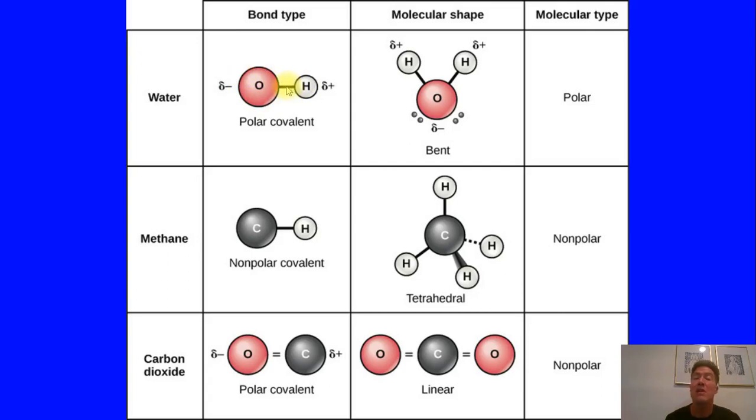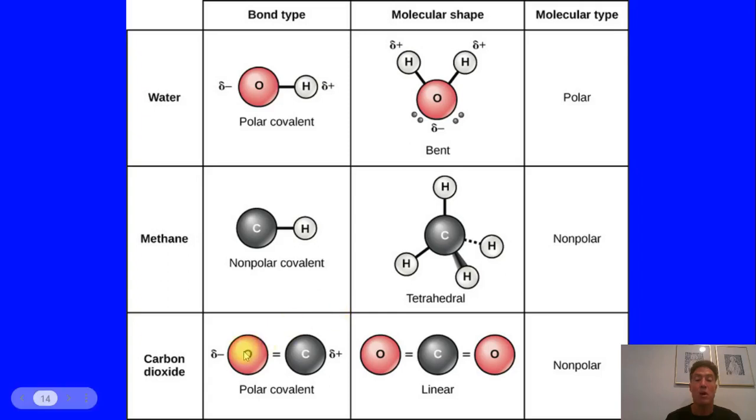They're shared, but they're not shared equally. So they're pulled preferentially towards oxygen, which gives oxygen a slightly negative charge, and it leaves a slightly positive charge on the hydrogen. And that leaves, in this case, a net charge on the molecule. This side of the molecule is slightly negatively charged, and the hydrogens on the other side are positively charged. And so you have a polar molecule.